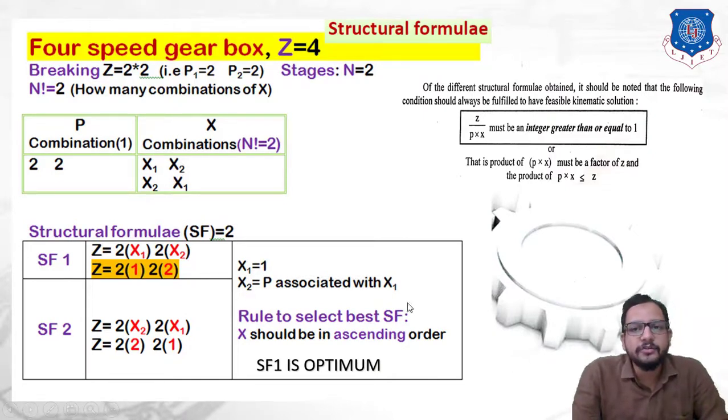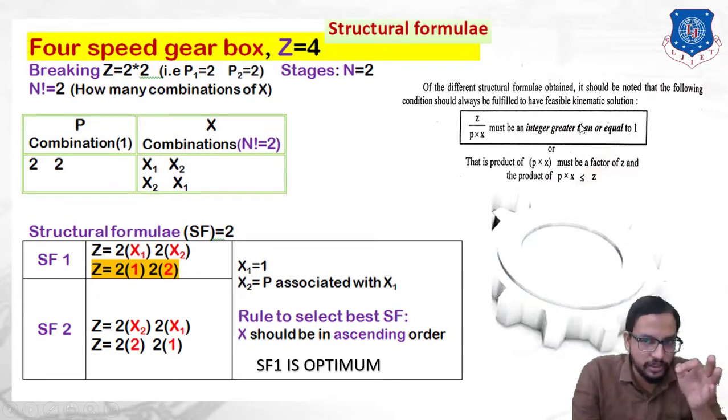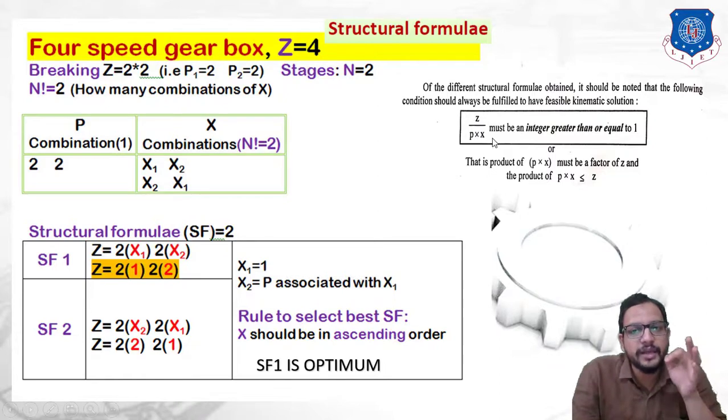Now, of the different structural formulas obtained, the following conditions should always be fulfilled to have a feasible kinematic solution. That is, z upon p into x must be an integer greater than or equal to 1. Here z is 4, so 4 upon p into x. In the first structural formula, p into x is 2 into 1, so it is obviously greater than 1.